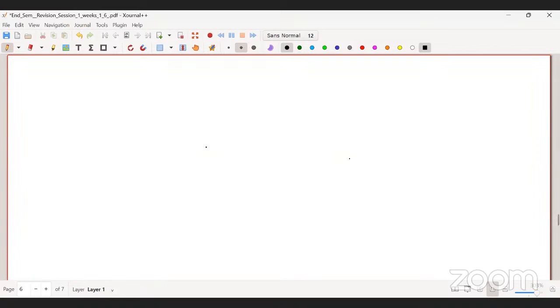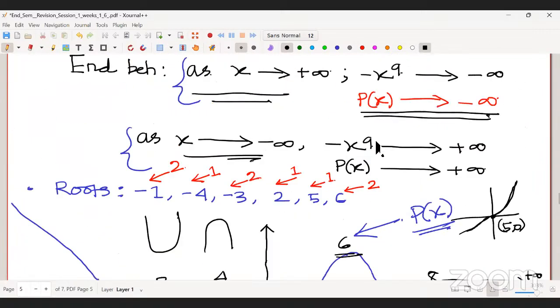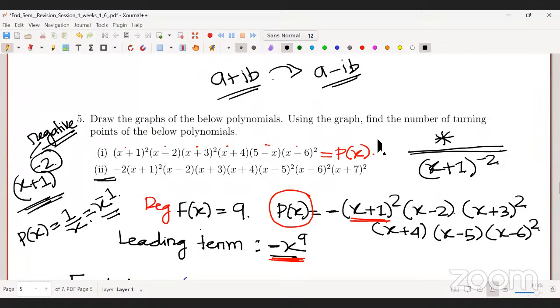Okay, so let me take the next polynomial. Let's say the next one is q of x. So what is this q of x?